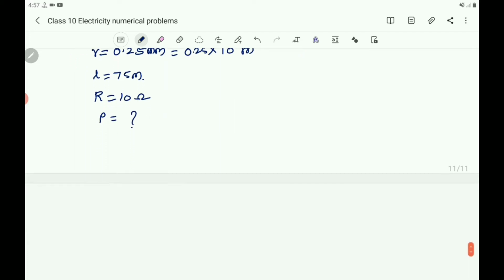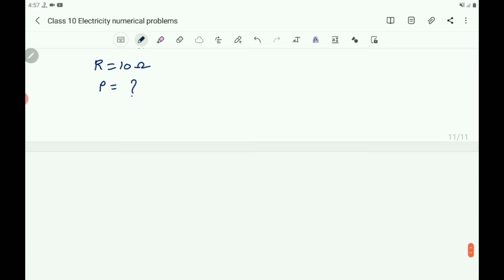Then you know the relation here. Resistivity equals R into A by L, because R equals what? That is rho into L by A. So rho, the resistivity, becomes RA by L.